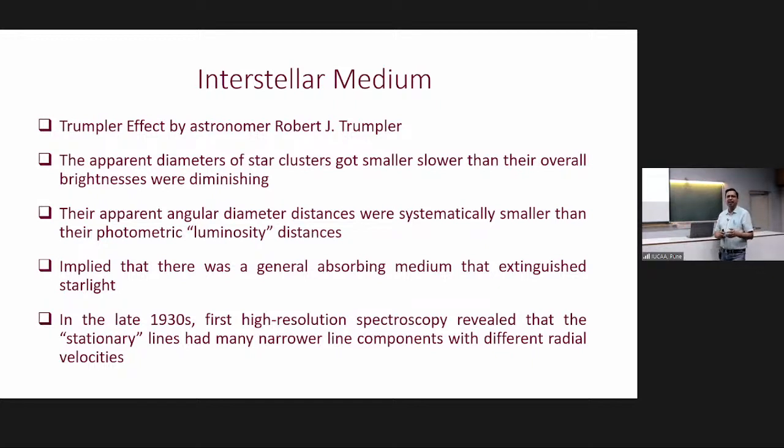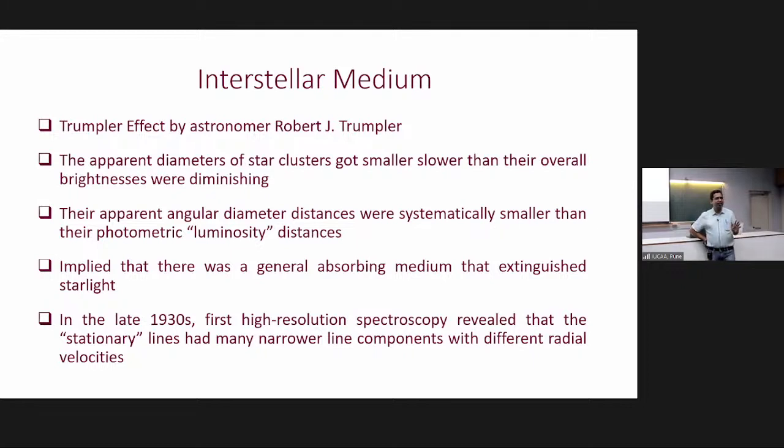Why was it not matching? Because the photometric distances relied on the number of photons reaching your telescope. Now, if there is some material in between the telescope and that particular cluster, that material will absorb some of the photons, and then the number of photons that you are getting will be reduced. If the number of photons is reduced, then you will say, oh, the distance is further away.